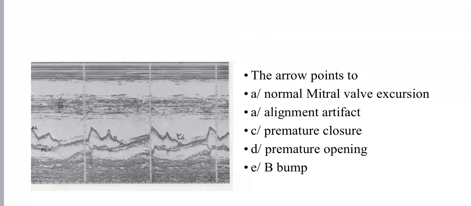It is very specific, but unfortunately, it's not sensitive, meaning there are so many cases of high LVEDP in which you cannot demonstrate this B bump. But if you demonstrate this B bump, you are so confident to diagnose high LVEDP. Okay, so it's specific but not sensitive. Remember this.